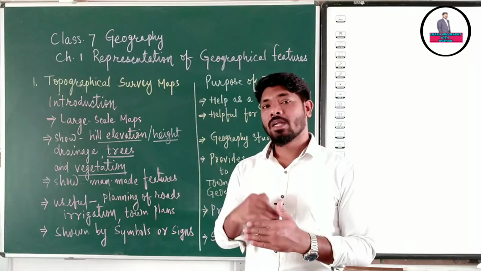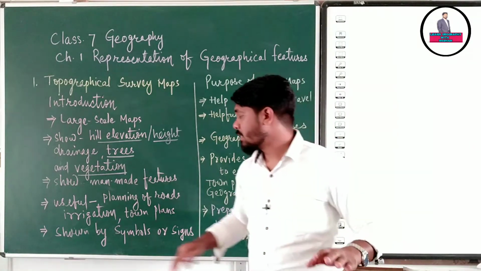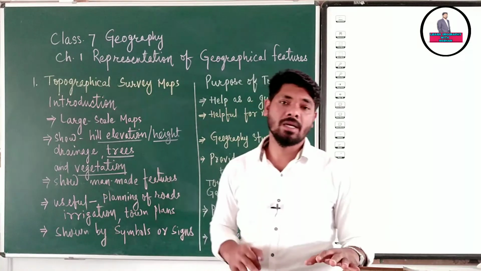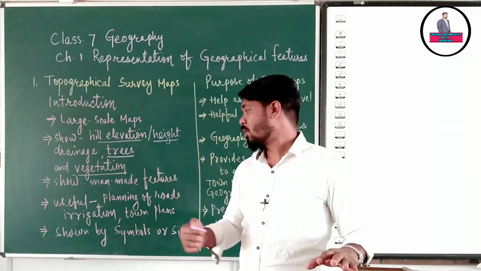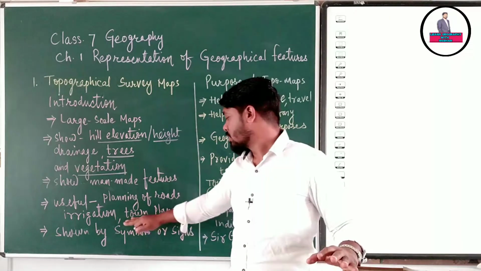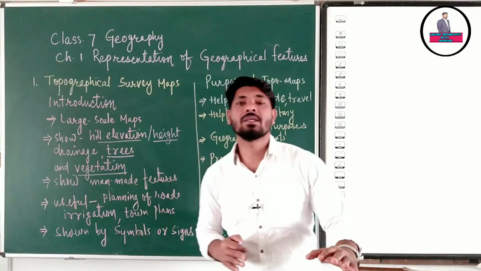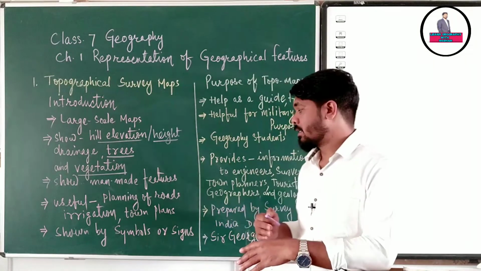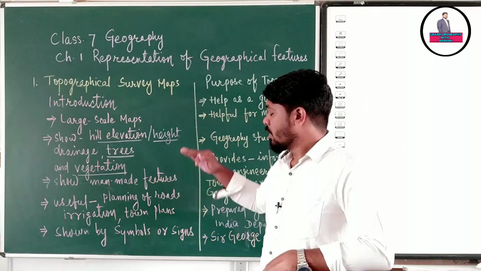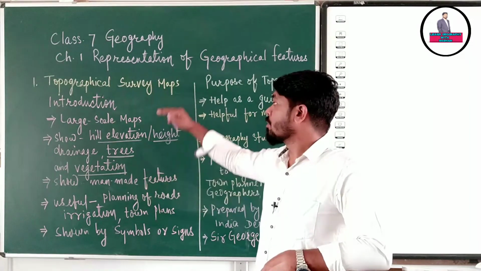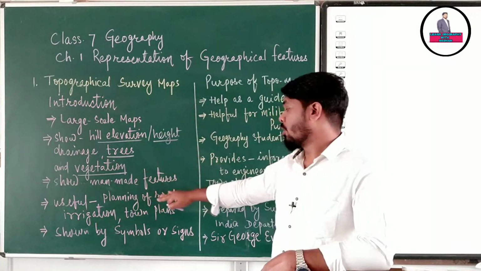The engineers or the people who prepare the plans come to know the height and physical features of that area. Accordingly, they plan in which directions it has to be constructed. Then town plans. Town planning is very important to make, right? So topographical maps are useful for all these things.